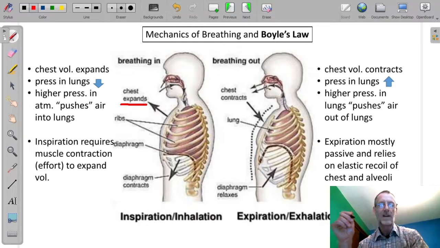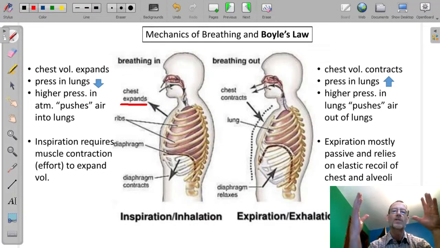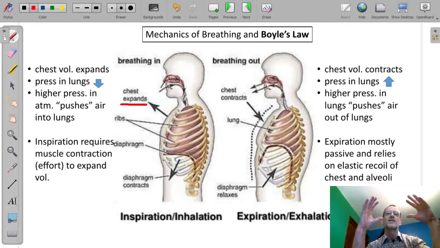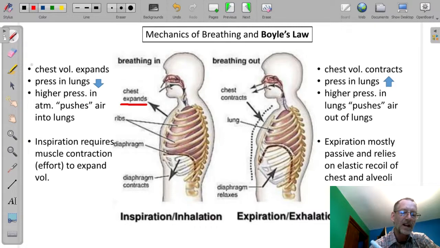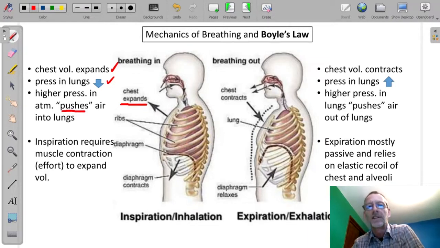The pressure goes down. Now it's all relative to the atmospheric pressure, and the atmospheric pressure, the ambient pressure in the room or outside, doesn't change. That's pretty constant. What does change is the pressure in your lungs. So back to inspiration, the chest expands, and the pressure then has to go down relative to the atmospheric pressure, which is higher, so the atmosphere literally pushes air into the lungs.